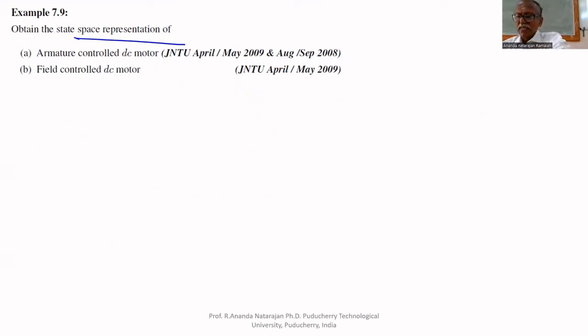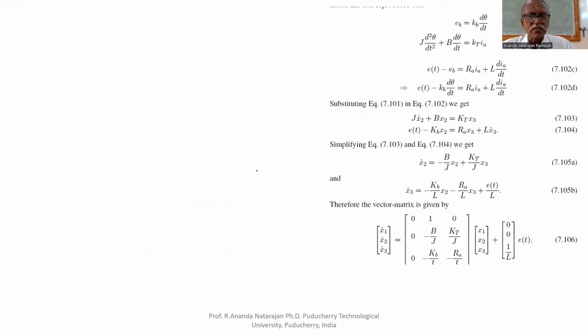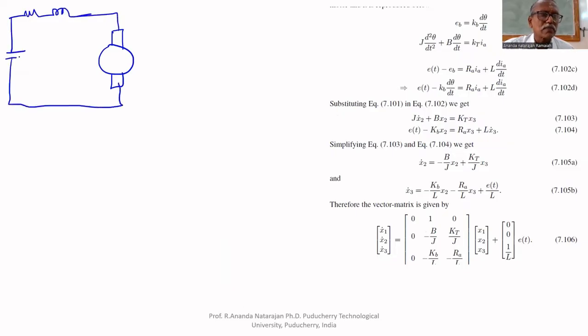Obtain the state space representation of the armature controlled DC motor and the field controlled DC motor. If it is the field controlled DC motor, this is constant. That's why there is no equation for this L and R. I_A is constant.